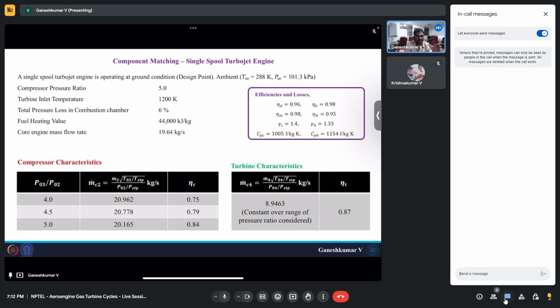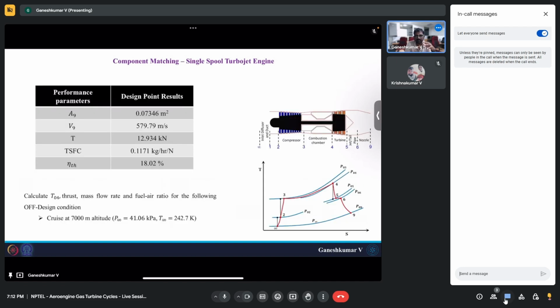But that is going to take a lot of time, so I already solved it for the design point. We are now interested in the component matching problem, right? These are the results we have. For the design point, our exit area is around 0.07346 meter square, and the velocity of the gases at the exit will be 579.79 meters per second.